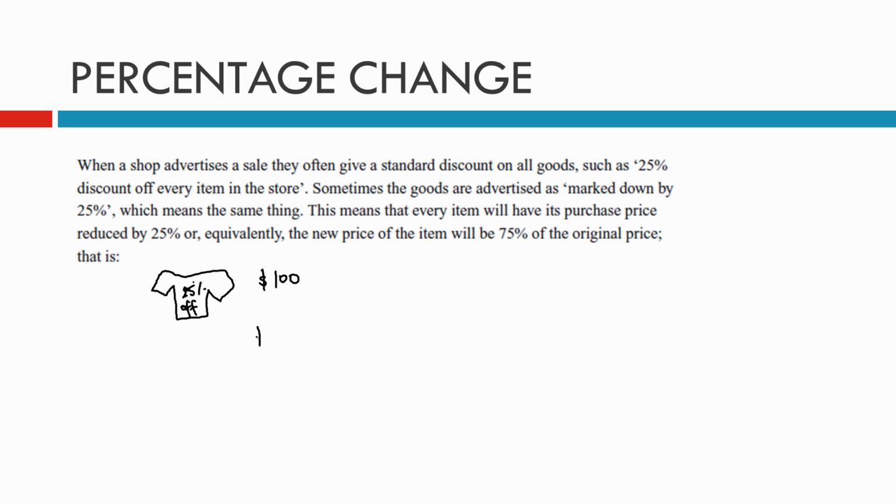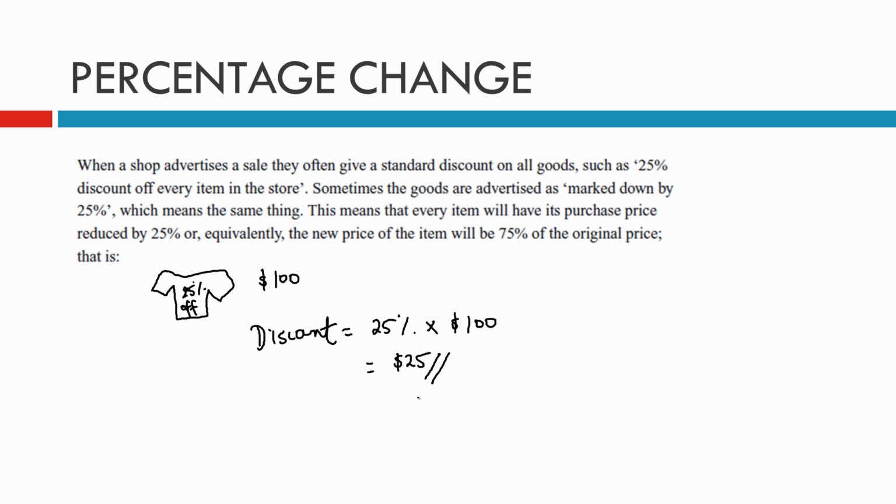So the discount for this item is going to be 25% of the original price. Of means times in mathematics, and the original price was $100, so 25% of 100 is 25. So the discount here is going to be $25, but I'm not going to pay $25.